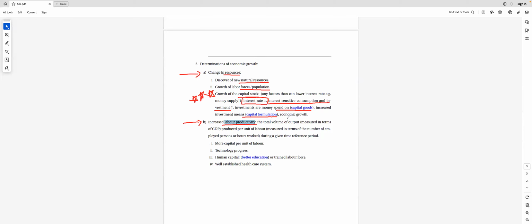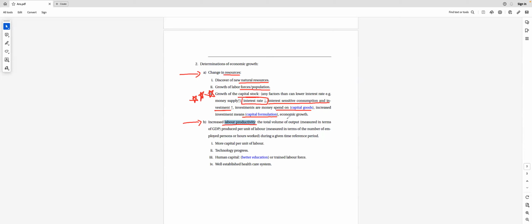Higher labor productivity means that a typical worker in your country, during a given time period, for example 1 hour, can produce a higher level of GDP.